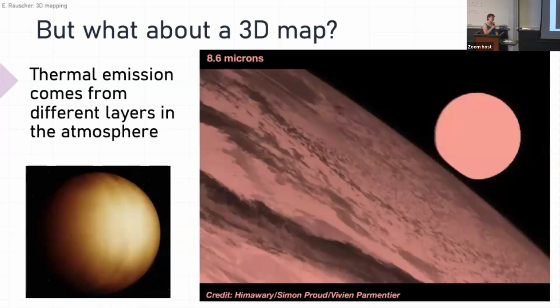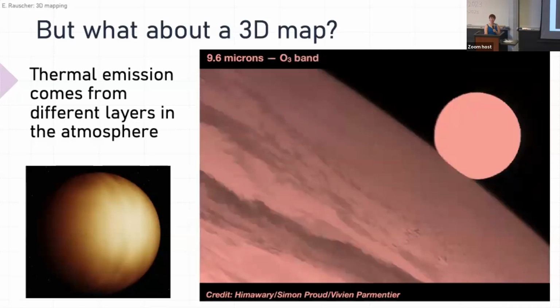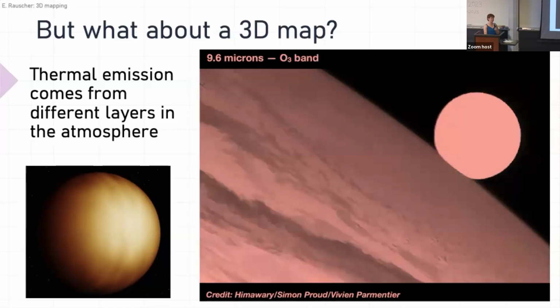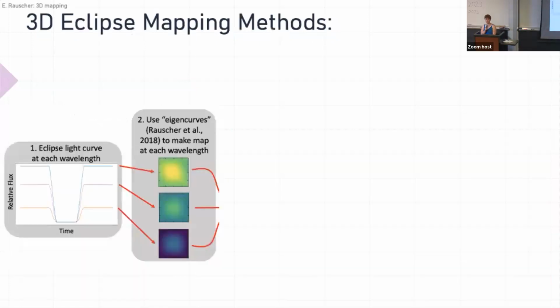But if we switch to a wavelength where we are measuring thermal emission from the atmosphere, then you can see that whether we're observing the light where there's not a lot of opacity or where there is a lot of opacity, you're getting emission from physically different layers of the atmosphere. And so if we take our beautiful JWST data for this system that does have spectral information, then we can make maps that probe different depths into the atmosphere.